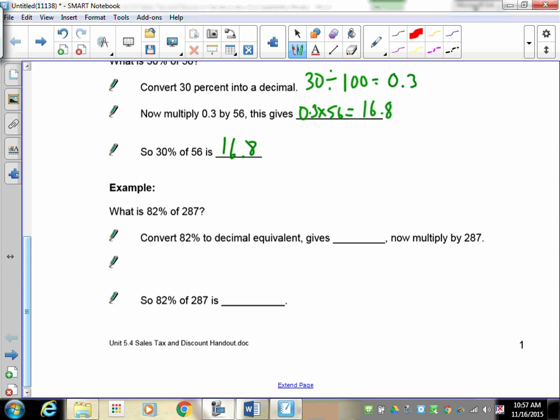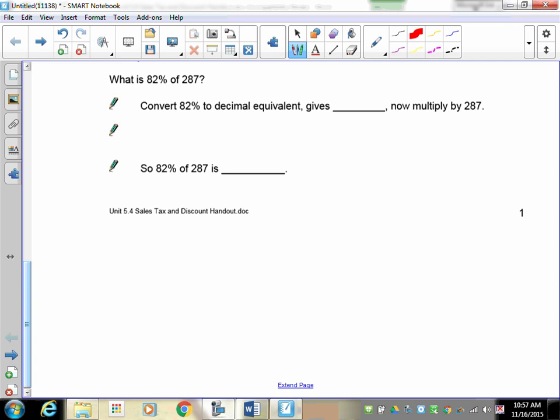All right, what is 82% of 287? I will give you that one. Pause the recording and try it. All right, let's take a look at this. 82% of 287, you have to convert 82 to decimal form, which gives us 82 divided by 100, which is 0.82. Now, multiply by 287.